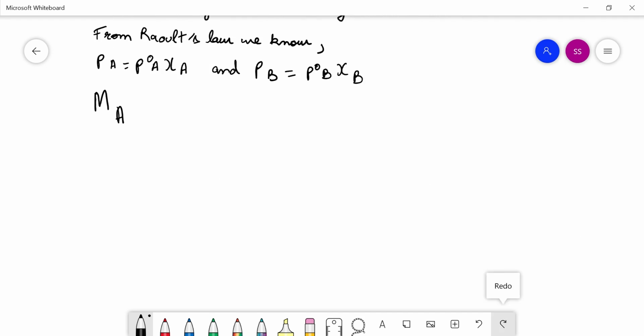Molar mass of ethanol C2H5OH is equal to 46 gram. Molar mass of methanol CH3OH is equal to 32 gram.